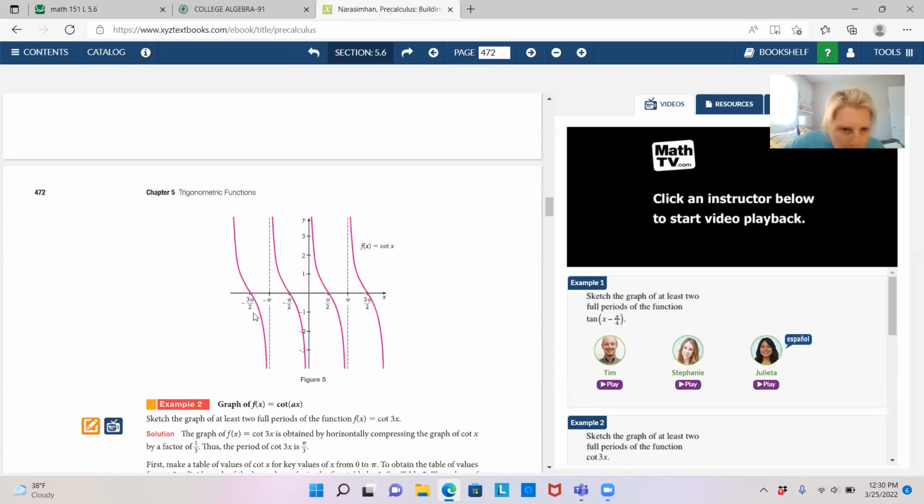Right here. It's crossing at -3 pi over 2. But the one here on number 35 is crossing at -pi over 4. So it's going to be shifted a little.